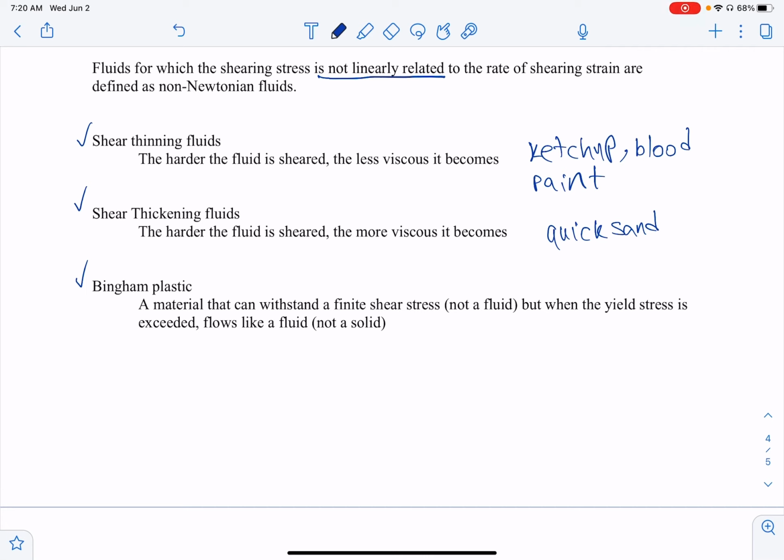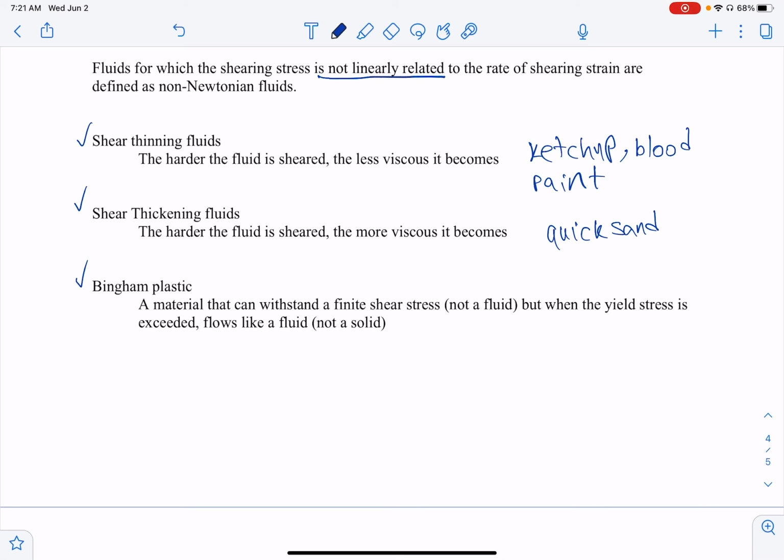The Bingham plastic requires a certain minimal stress on it before it will start to flow. So instead of flowing immediately, you have to push on it by some amount, and then it will start flowing like a fluid.